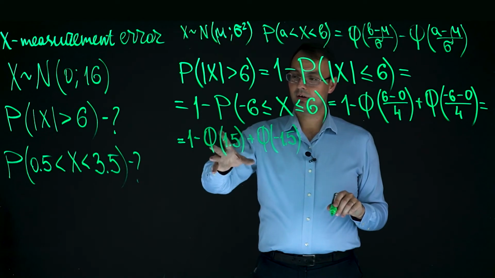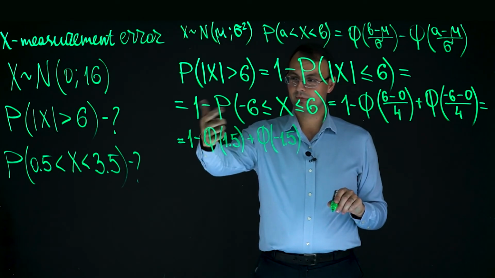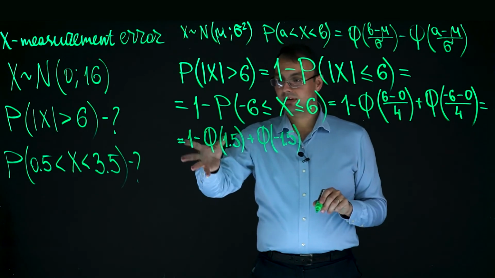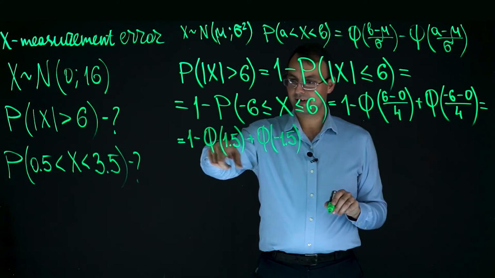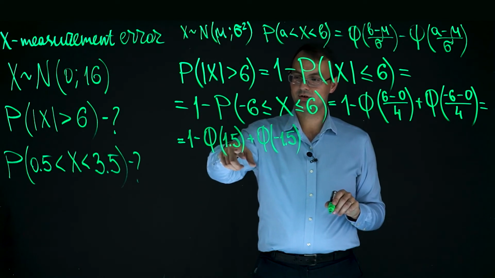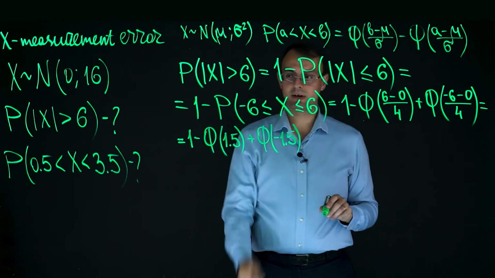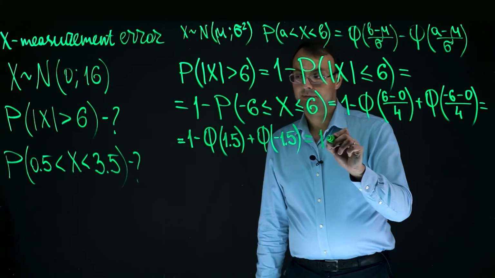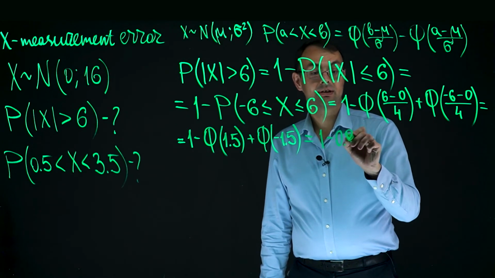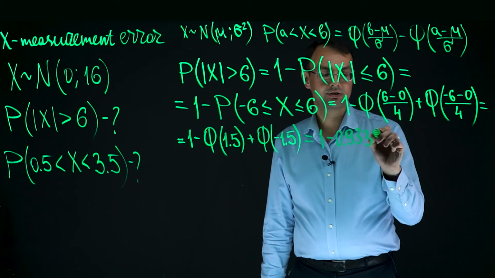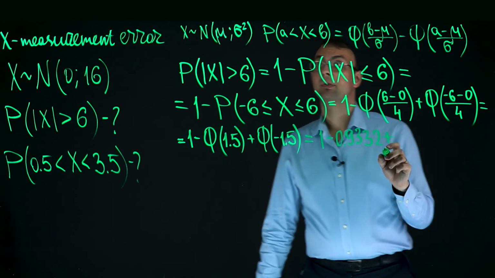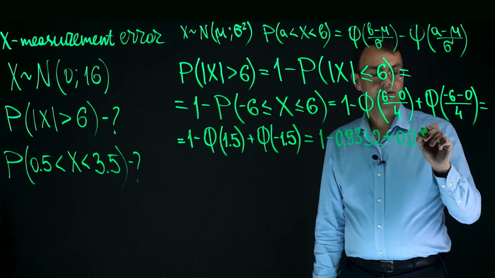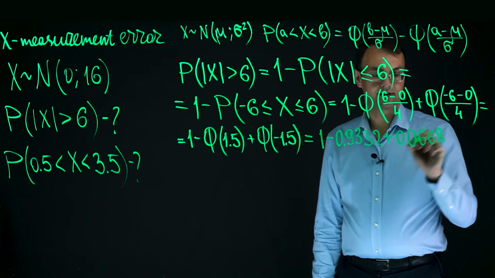I take the table of values of the phi function, and in the table I can find these values, so values of phi in these 2 points, 1.5 and minus 1.5, and they are respectively 0.9332 and 0.0668.